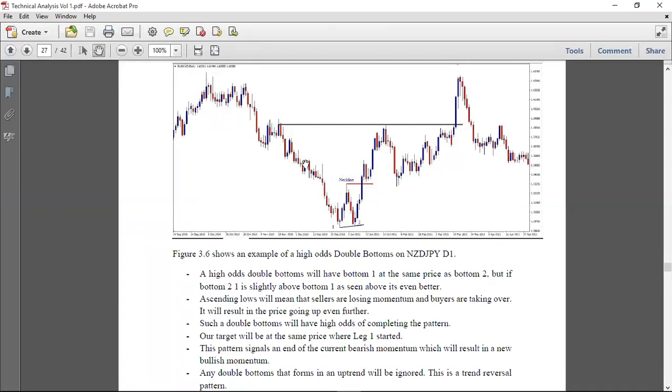The momentum is going to the buyers' side. This will result in price going up even further. So that's why I say these are reversal patterns. If it was going down, it's going to go up because a reversal has happened. If it was going up, with a double top, it's going to go down because a reversal is happening.